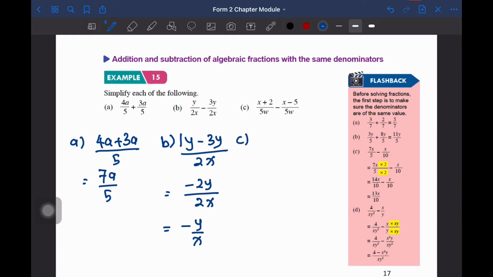Okay, C. Untuk C, tolong hati-hati. Tengok di sini, dia ada beza. Kalau sini 3A only, ni 3Y. Over here we have x minus 5, 2 terms.